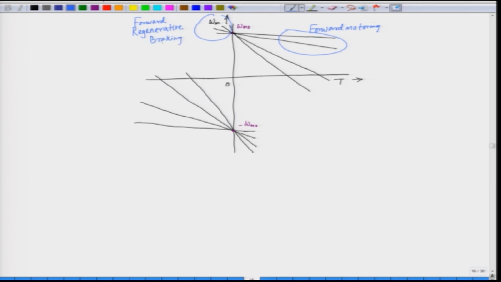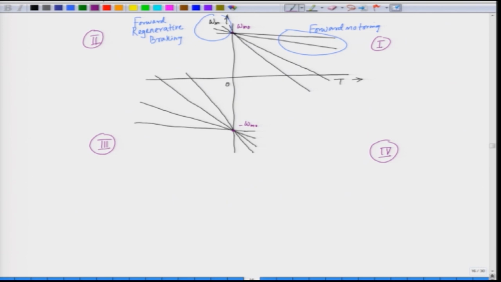So, this is in the second quadrant. This is the first quadrant, quadrant 1, this is quadrant 2, and we have the third quadrant and the fourth quadrant. So, in quadrant 2 we go for braking. This is forward regenerative braking, it means the energy is fed back to the supply. Here the power is negative in this case.